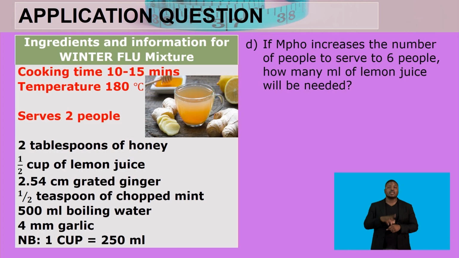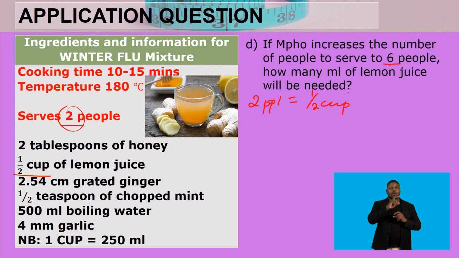Question D says, if Mpho increases the number of people to serve to 6 people, how many milliliters of lemon juice will be needed? How many people does this mixture serve? It serves 2 people. And for 2 people, what is the milliliters of juice? We are using half a cup of lemon juice. So we will say 2 people as we make a mixture using half a cup of lemon juice.